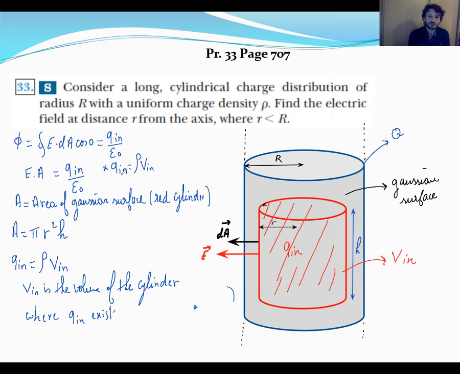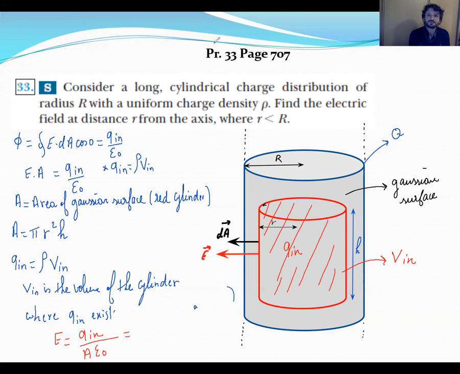Let's substitute the value of Qn and A. We get the value of E. We can write E equals Qn divided by A epsilon 0.